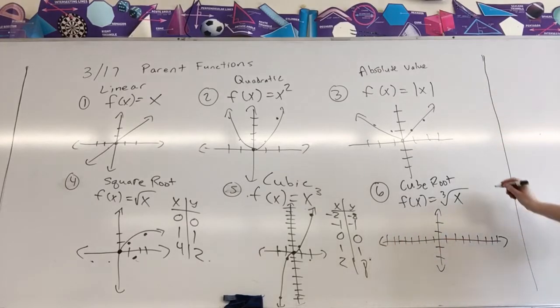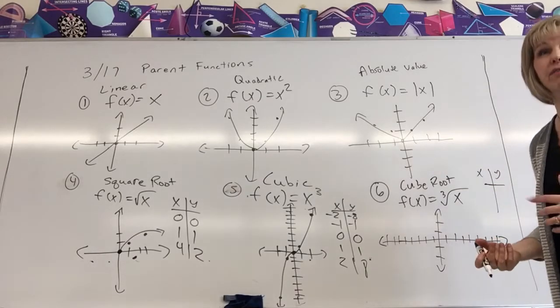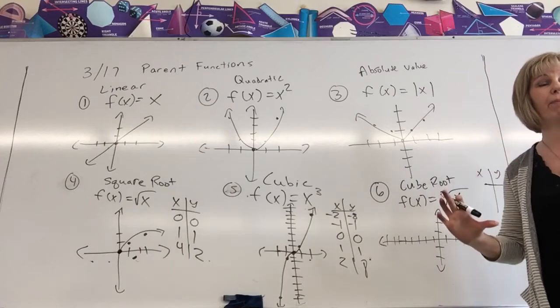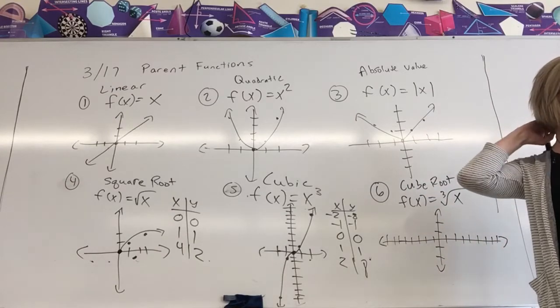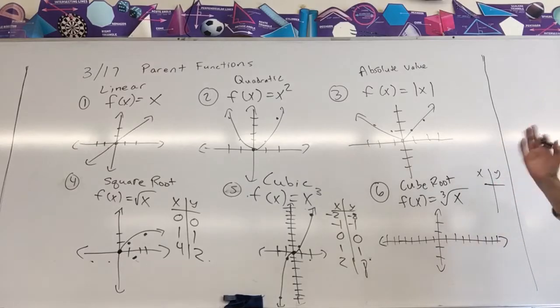And again, I'm going to put an XY table so you see the important points for this graph. Then when we get into transforming them, if we know the pattern, we can just transform them based on the shifting of it. We'll talk about that in the next video.